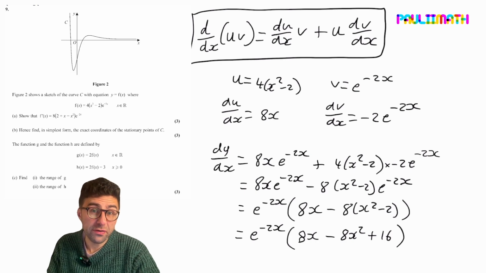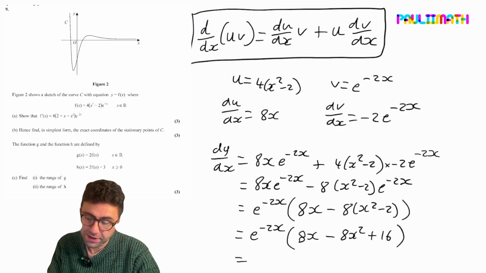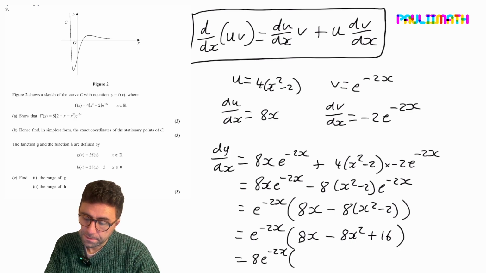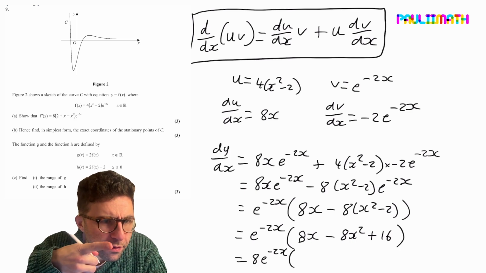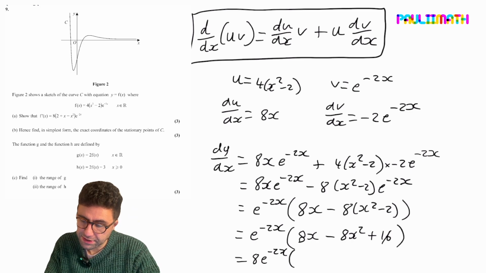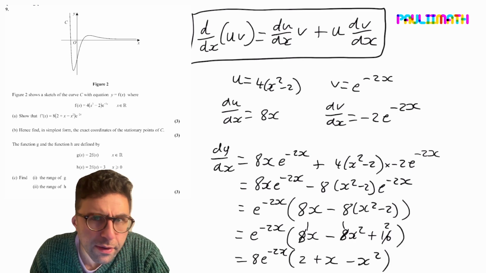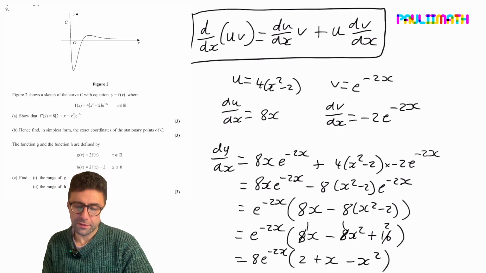And I could have pulled out the 8 earlier, to be honest, actually, but let's do it now. 8e to the minus 2x. Pretty good time to rearrange it into the form that they want. Yep, that's 16 will go to 2, that will go to 1, that will go to 1, 2 plus x minus x squared. What a time to be alive.